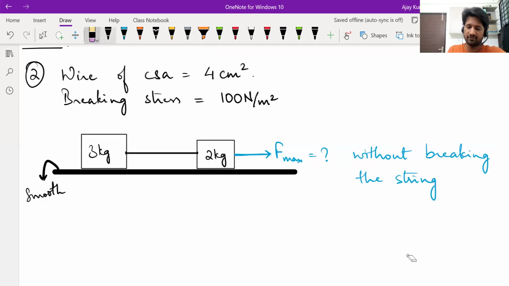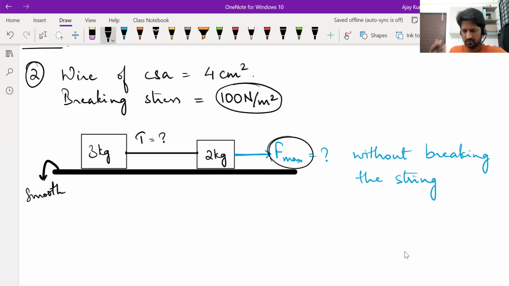In terms of F, derive tension in this string. And from tension, you write an expression for stress. So you will be writing stress in terms of the force F. And then you know the limit of the stress, so you will get the limit of the force. That is how you are supposed to solve.